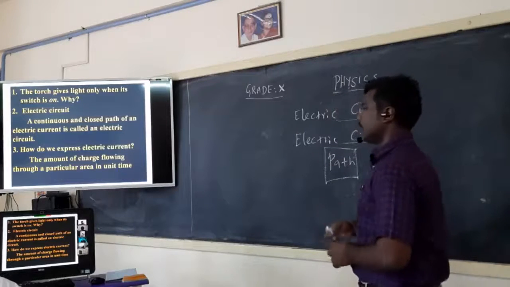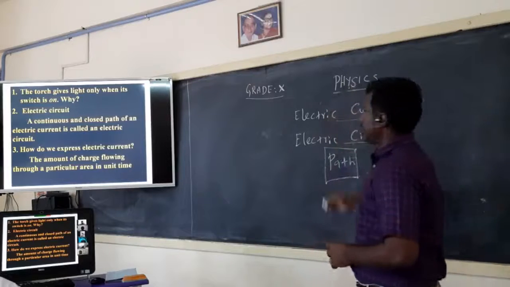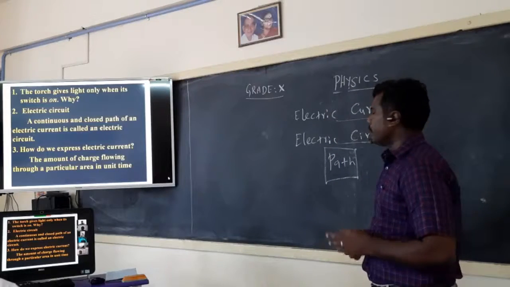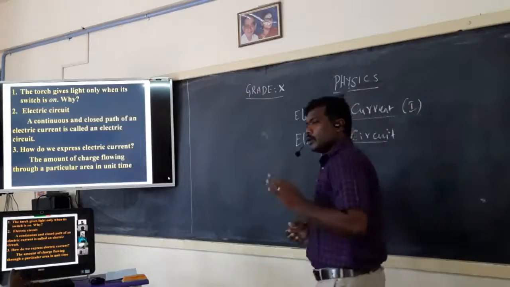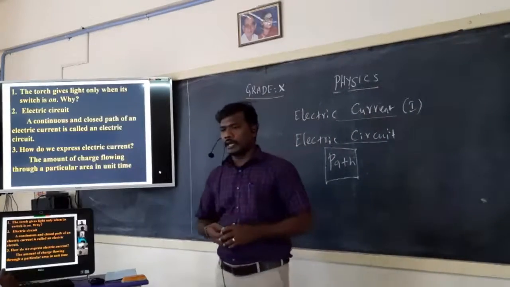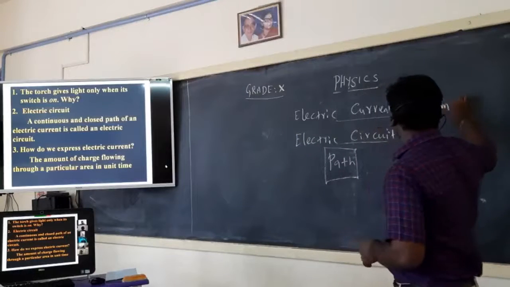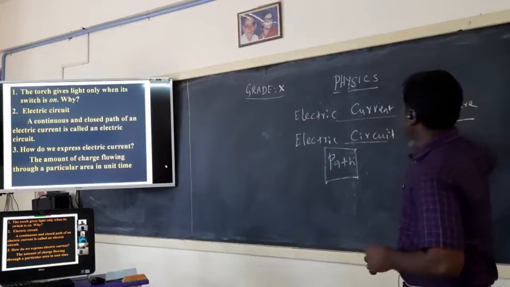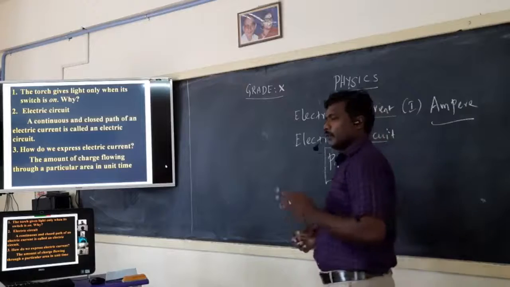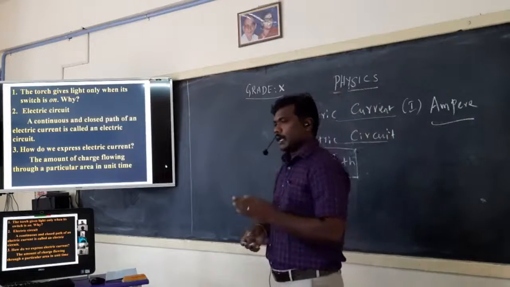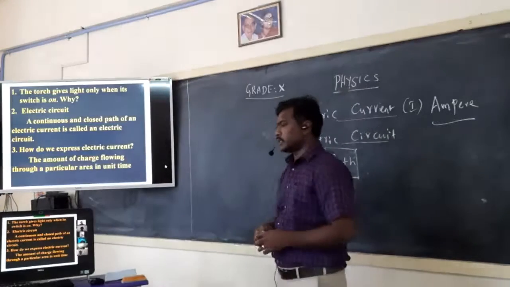Okay. Next one, the unit of electric current. What is the unit? Generally, we use ampere to measure the electric current. So ampere is the unit for electric current, and already we know the unit for electric charge.